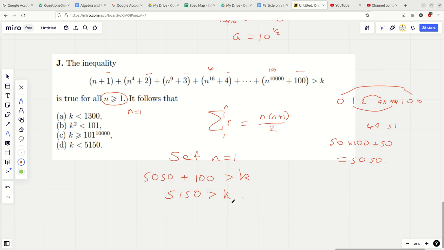Now, I'm certainly looking at that and thinking that that looks true. Now, we were told that n is greater than or equal to 1 though. Well, when you think about it, when n is greater than 1, it's definitely going to be larger than that because it's not just going to add up to 100, it's going to add up to a lot more than that because we're doing big powers there. So yeah, sure, the answer is just D. It's just obvious. It's k is less than 5150.